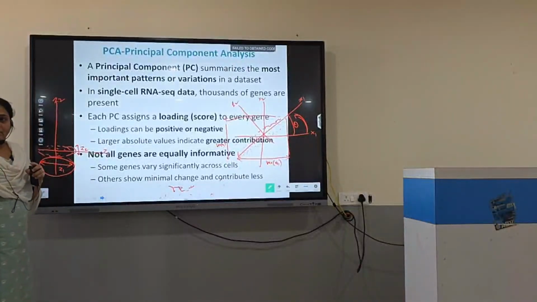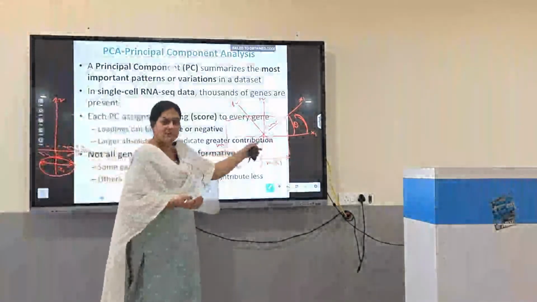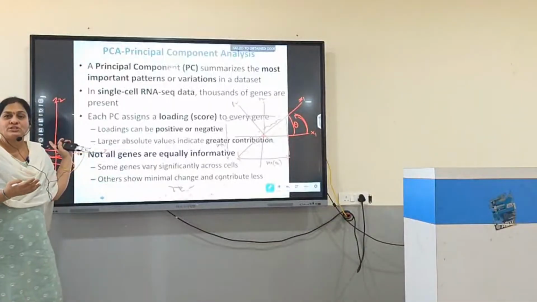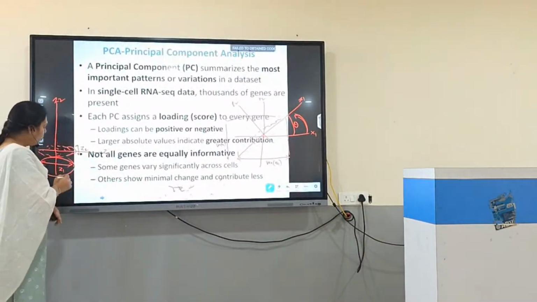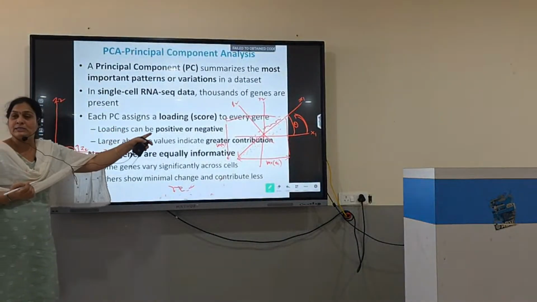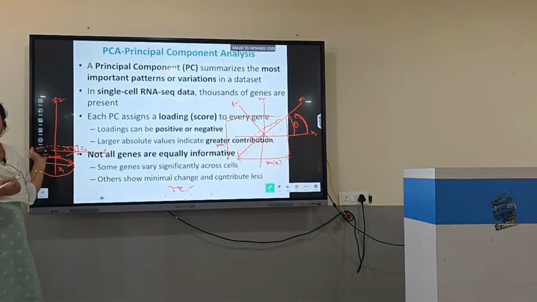Understood? Why am I saying this? By transforming from my two-dimensional data into one-dimensional data, I am able to retain my maximum information. I can use only my Z1 and do my prediction. I don't need x1 and x2 again. In place of x1, x2, I will replace them with Z1. So this is the advantage.